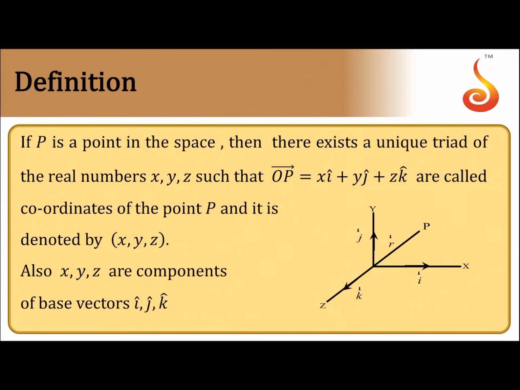So now we define it like this. If P is any point in space, there exists a unique triad of three real numbers such that OP bar, which is r bar, equals xi plus yj plus zk, called the coordinates of the point P, denoted by (x, y, z).